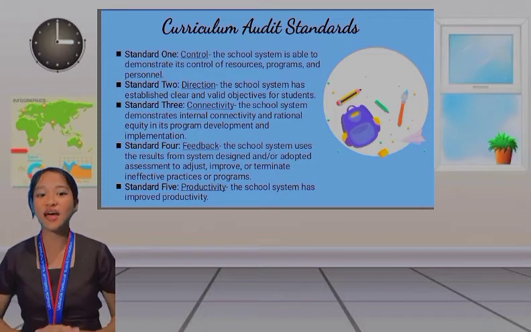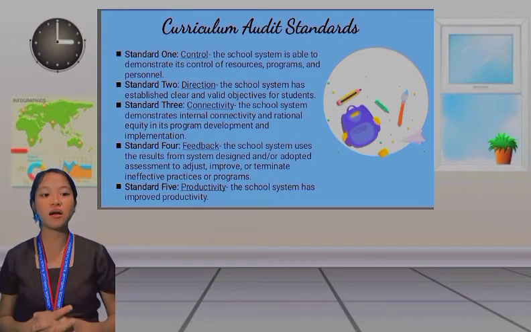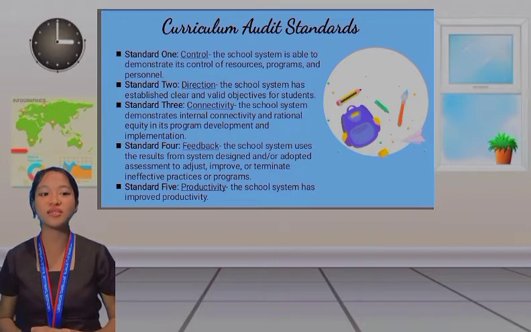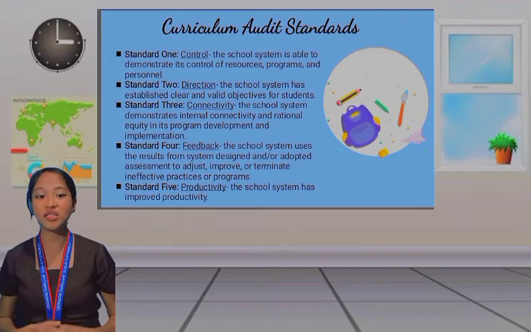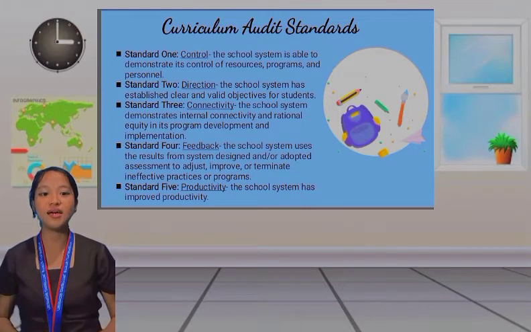For the standard 3, we have the connectivity and equity, as the school district demonstrates internal connectivity and rational equity in its program development and implementation. Next is the assessment and feedback.